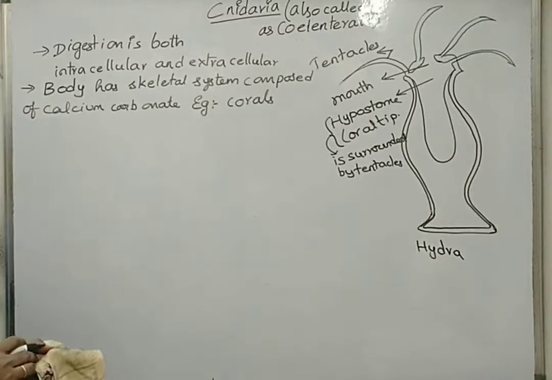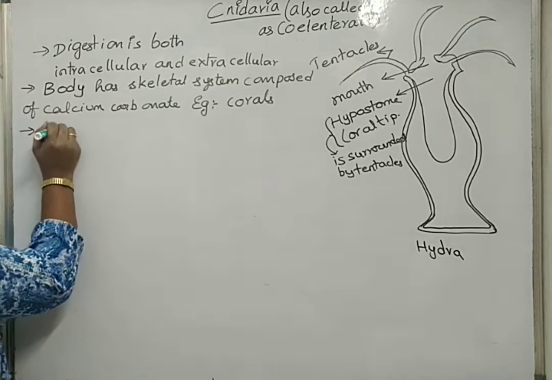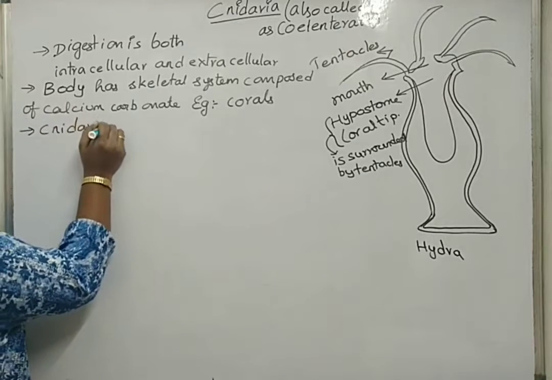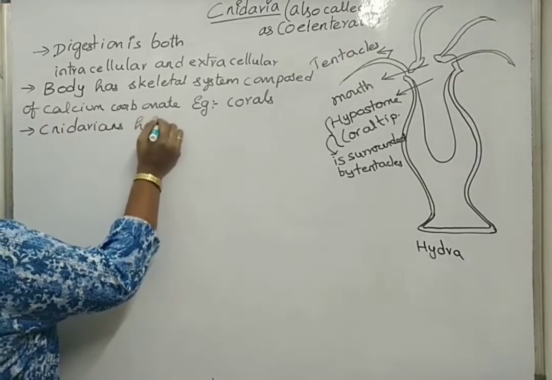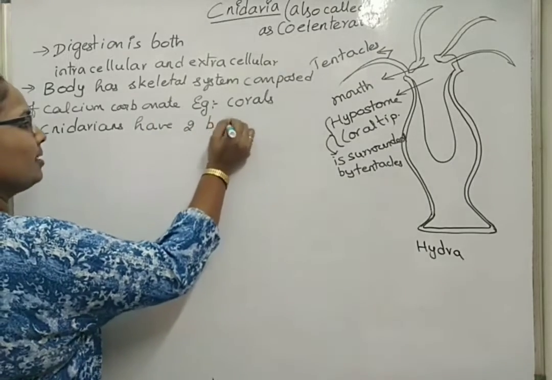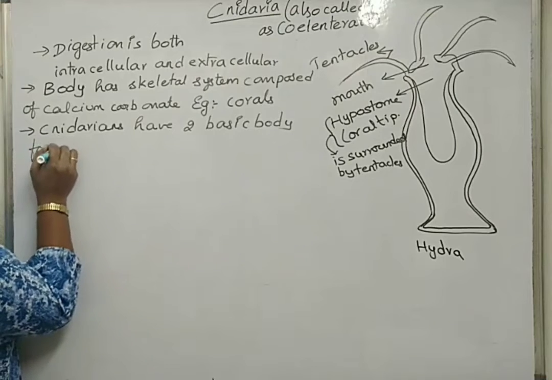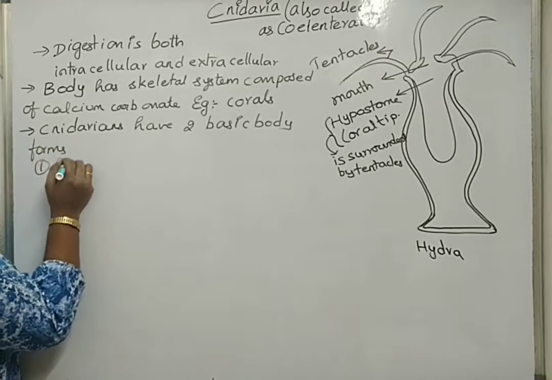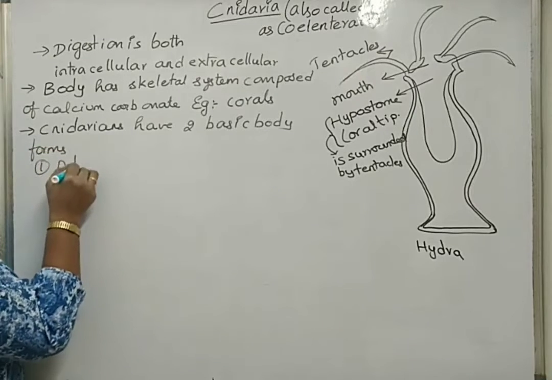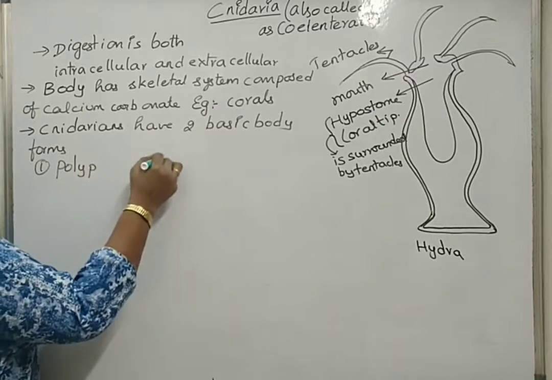Cnidarians basically have two body forms. One is the polyp form. The second one is the Medusa form.